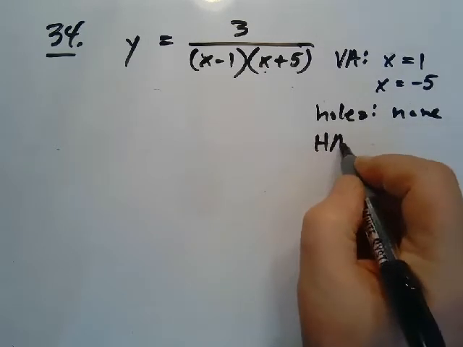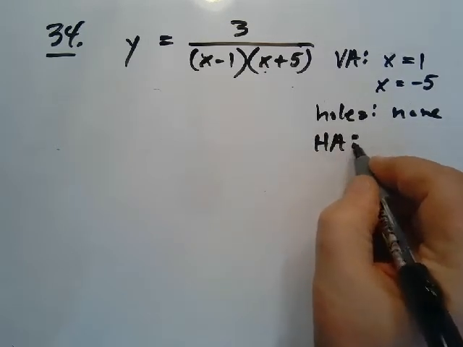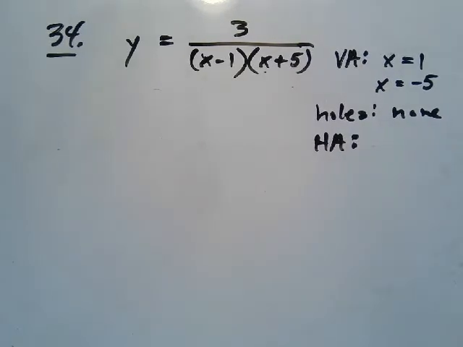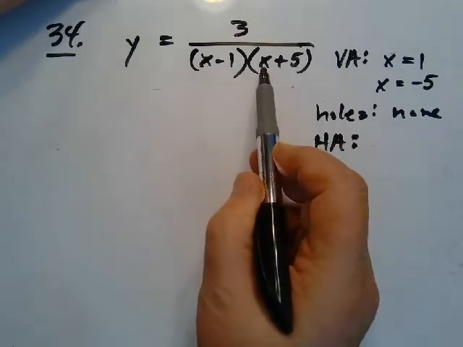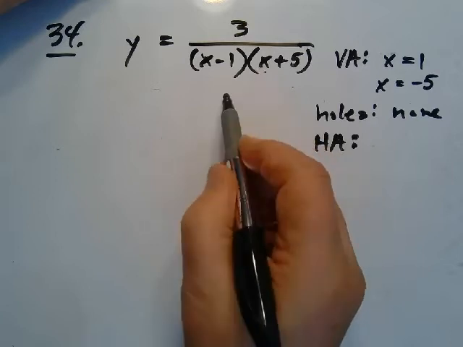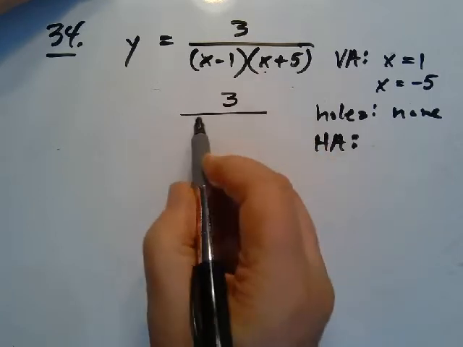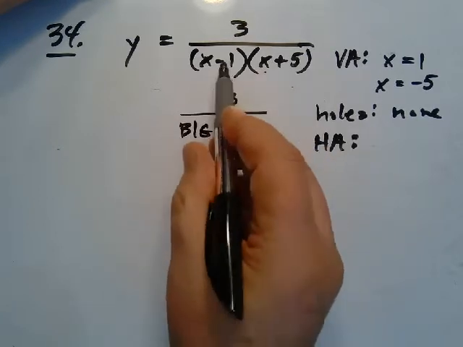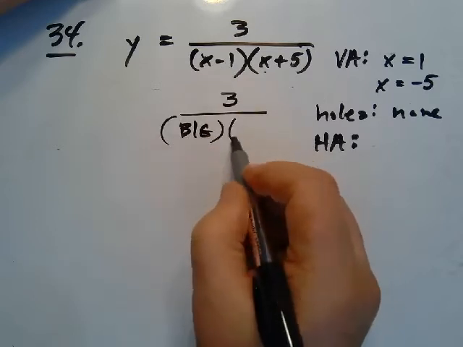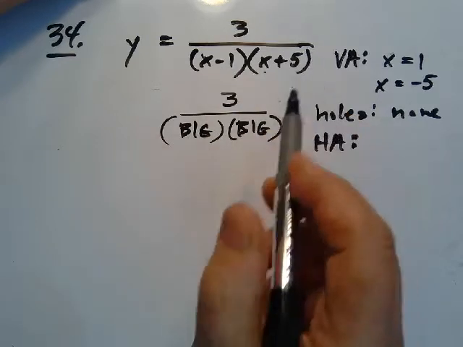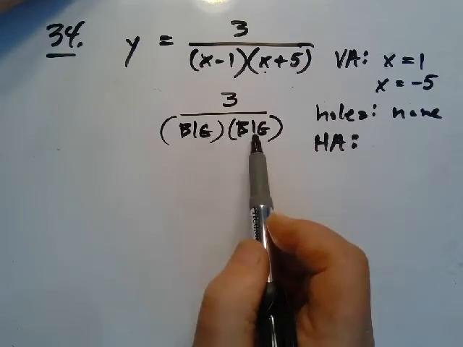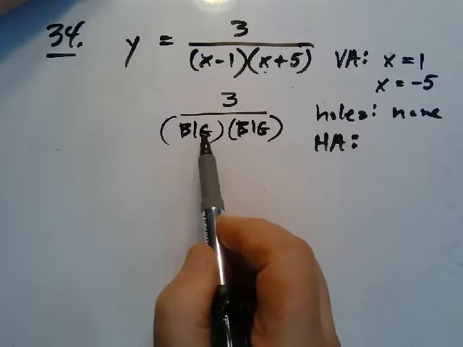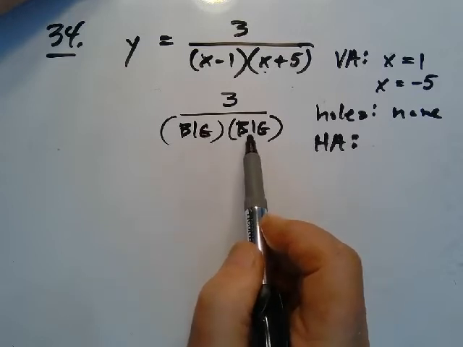And now let's look at the horizontal asymptote. This may be the thing you need the most work with. We're always asking the question, what happens to y as x gets very big? Well, if x gets very big, I've got 3 over a huge number, the 1 means nothing there, times a very big number, again the 5 means nothing. This number on the bottom is huge, like trillions and trillions.